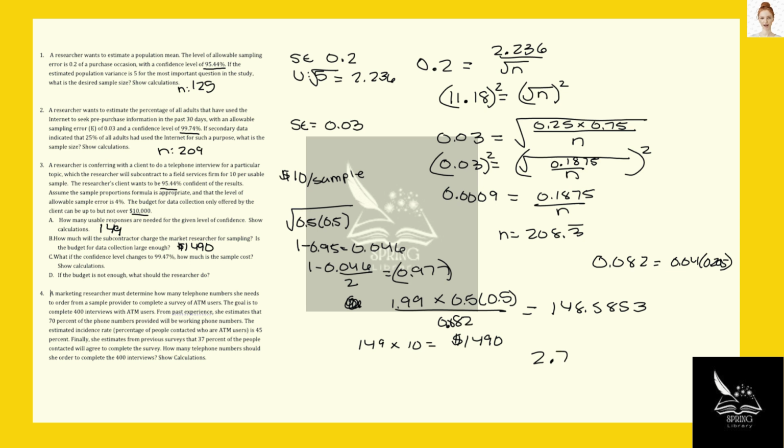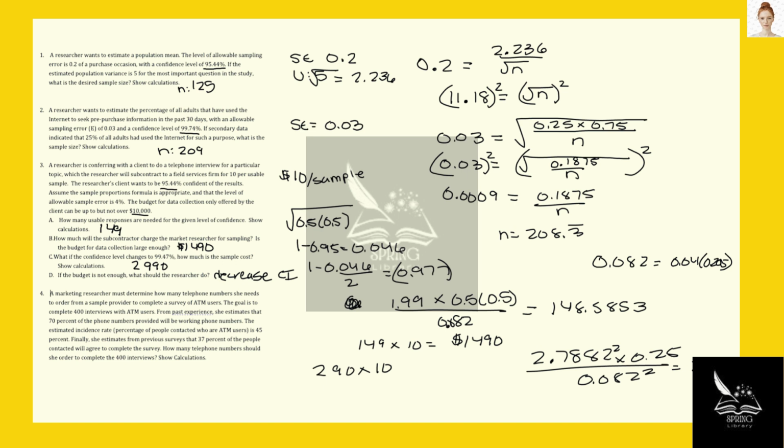So 2.7882 squared times 0.25 divided by 0.082 squared, and you would get 290 rounded up. So then you would do 290 times 10, and that's 2,990. So you'd still be under that budget. If the budget is not enough, what should the researcher do? Decrease the confidence interval.